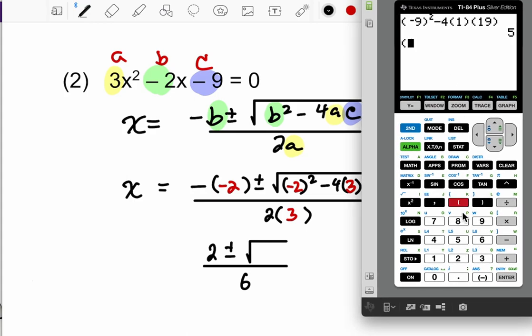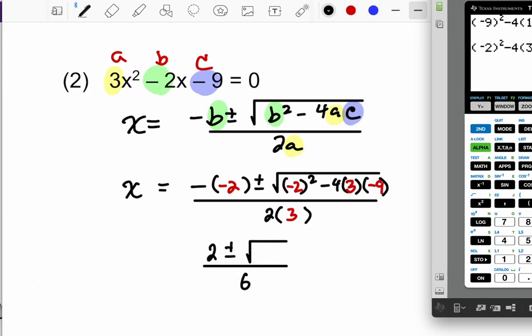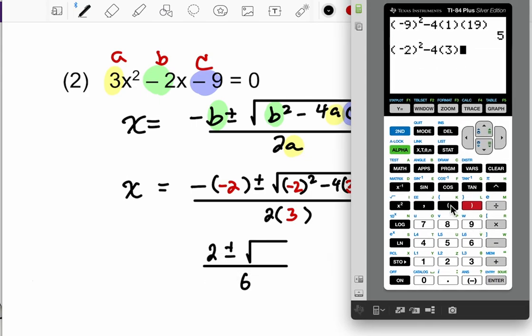So open them up, negative 2, close them up, squared, minus 4 times 3 times negative 9. Close it up, enter, you get 112. All right, now that 112 is not as simple, clearly, as the 5 in the previous problem. So we have to break this down.